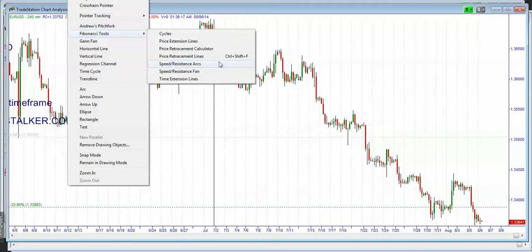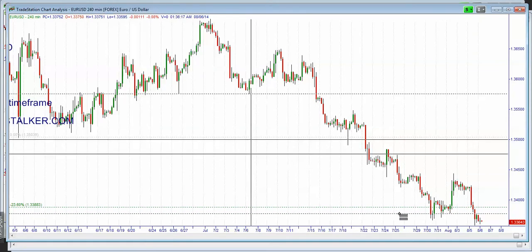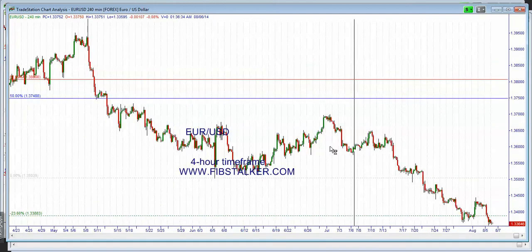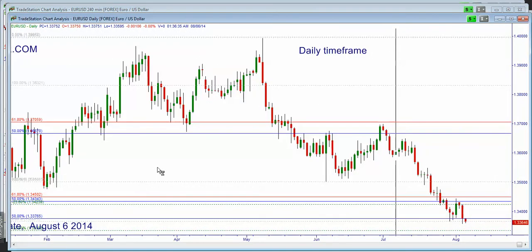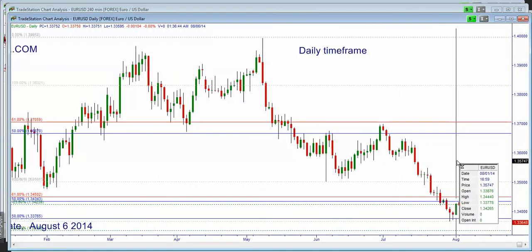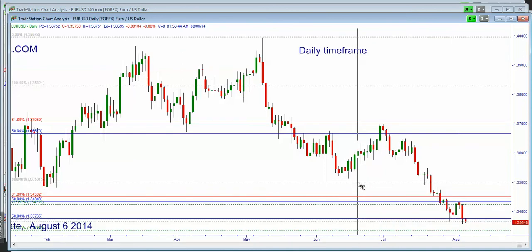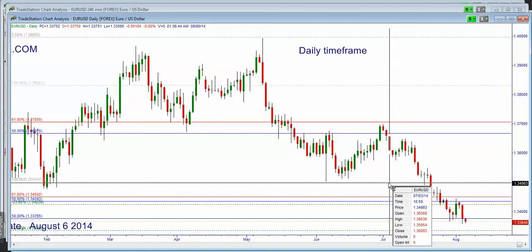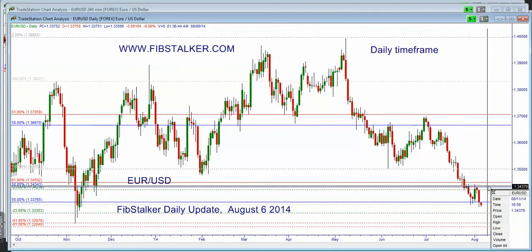I'm showing you the euro dollar 4-hour chart, and we can see that this market has been driven by the retracement that we had from the lower level. So basically this market is continuing moving in extension short. Now again, this market has a second target, so it stopped in that area that we identified.